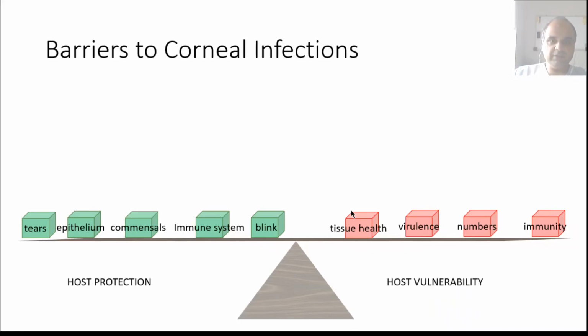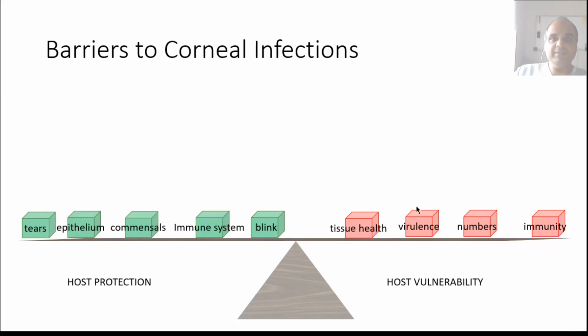Your tissue health, i.e., your cornea may have had prior trauma because of the way you work, you're wearing contact lenses and you're not taking good care of yourself. Your general health, your immunity might be poor. You are diabetic, you have one of those immunocompromised disorders. When I mean you, I mean the patient or the person who might potentially get a corneal infection.